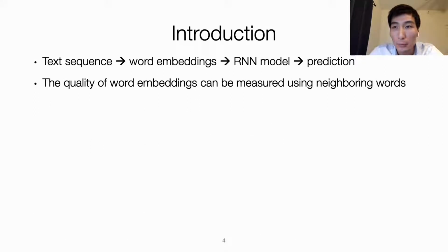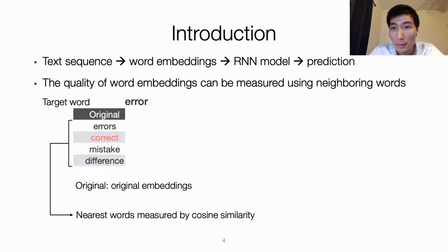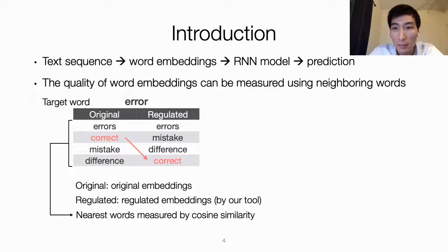Neighboring words can be used to measure the quality of word embeddings. For a target word error, we list its neighboring words using the original embeddings. We can see that word correct is very close to word error, which is not desired when it comes to sentiment analysis applications. The regulated column shows the results of regulated embeddings.